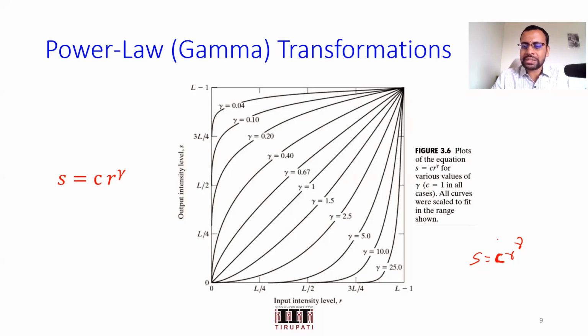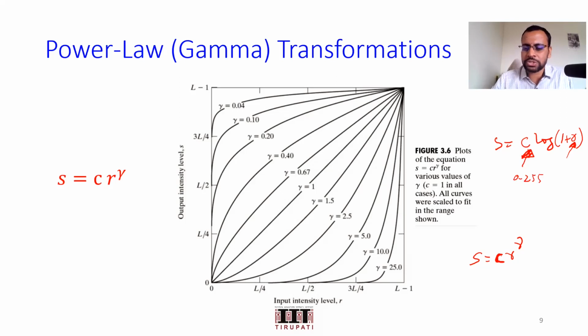And unlike the earlier function, how did we write it? S equal to C into log of 1 plus R. R is your input intensity. You don't have control over that. C is a constant to normalize it to your range, let's say 8-bit, 0 to 255.